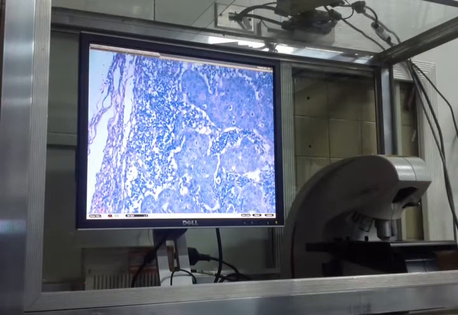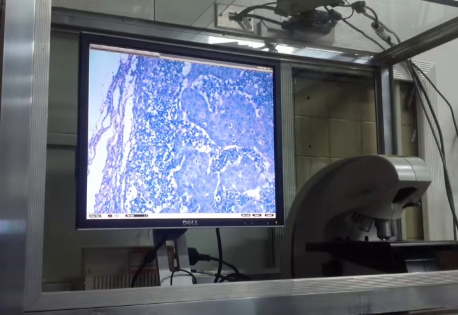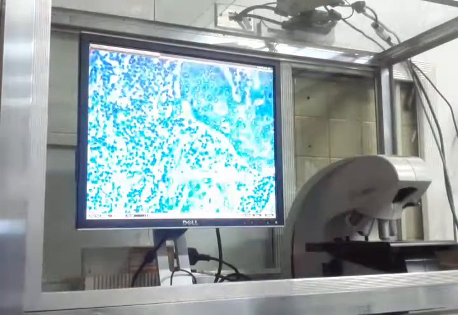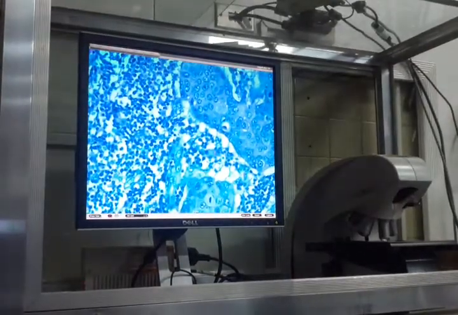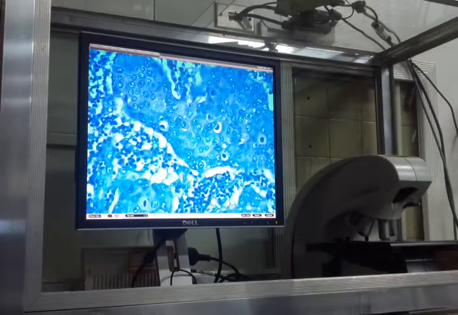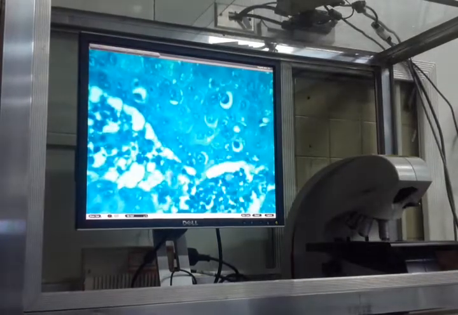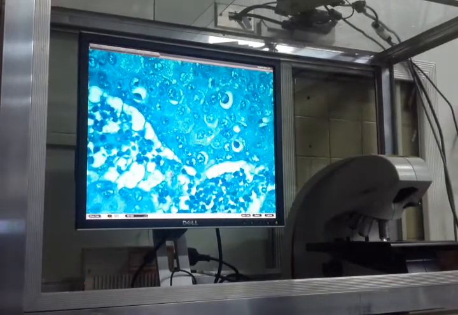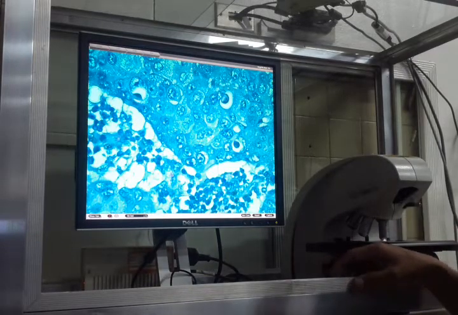Sa epithelial cell ang ating pinag-uusapan, hindi dugo, mga kababayan. The answer is not eosinophilic. Ang maraming eosinophilic cytoplasm sa epithelial cell are hepatocytes and squamous cells.